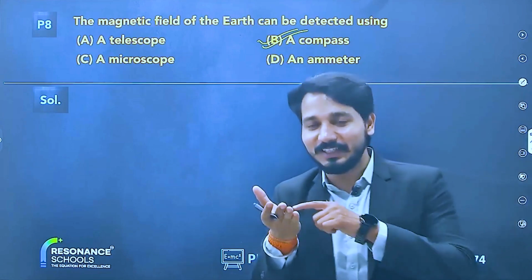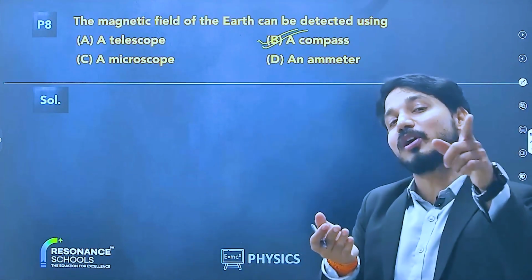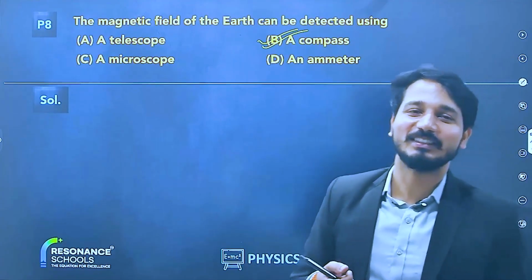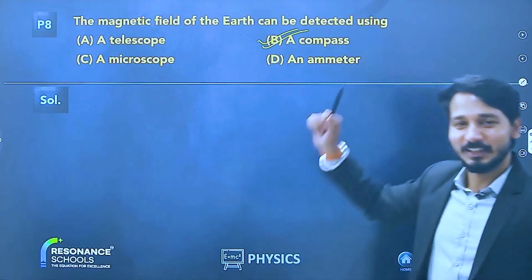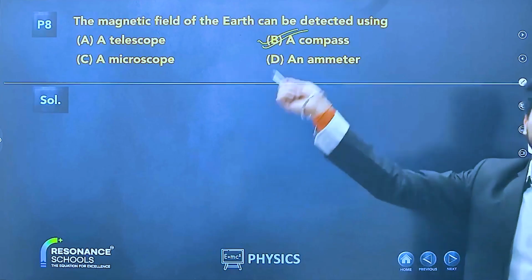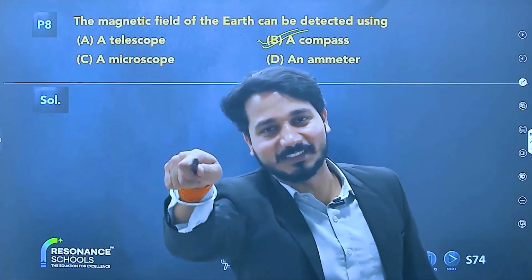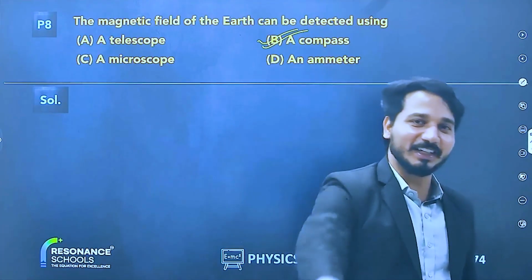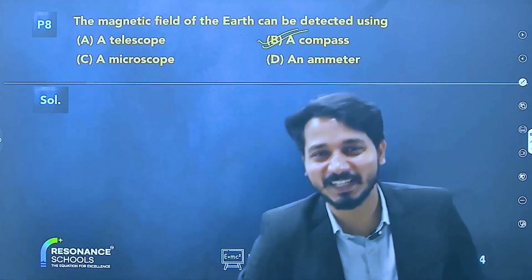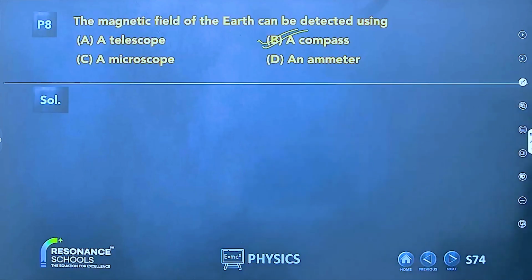Now the needle of the compass always points towards the north direction. So the correct answer is option B. Those who have commented option B, give yourself plus 6. And if it is wrong, then minus 7. You know the rule, right?